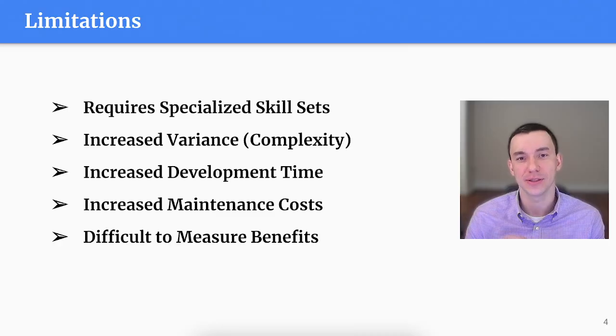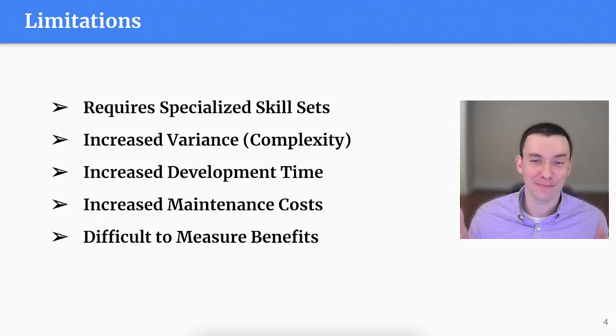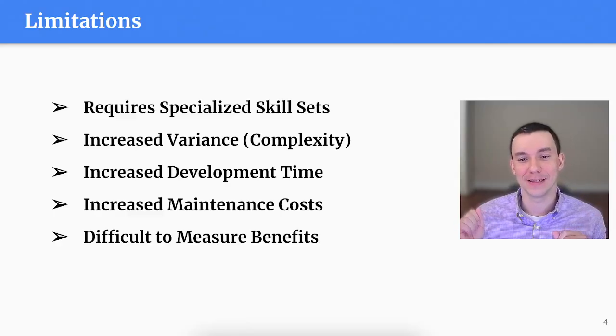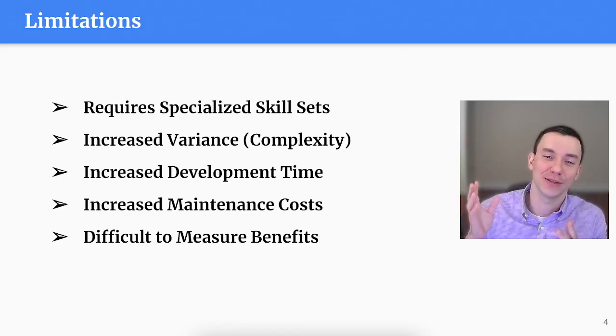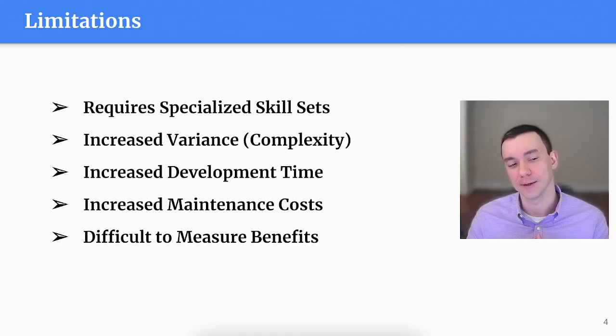It's difficult to quantify because it's this abstract topic of user experience. How much more value, how much more money did the company make because the user experience is a little bit better? How do we measure that? So those are some of the limitations that companies would have to figure out in order to really dive into this phenomenon, if you will.